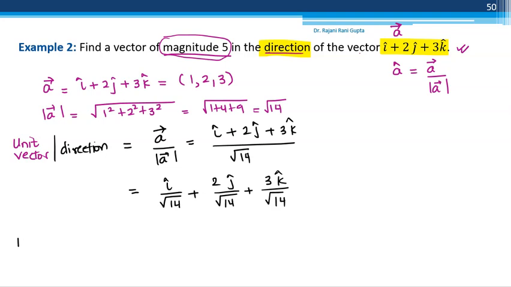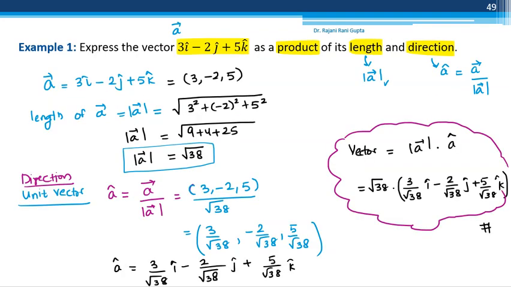Now, the required vector, okay, what will be the required vector? The magnitude should be 5. So, 5 multiply your unit vector A cap. Okay, note the difference here. Magnitude is given because this vector is giving you only the direction. In the previous question, they were asking you to express the vector as product of its length and direction.